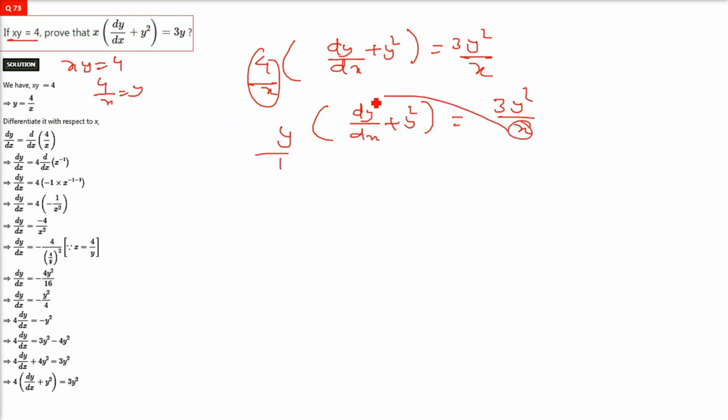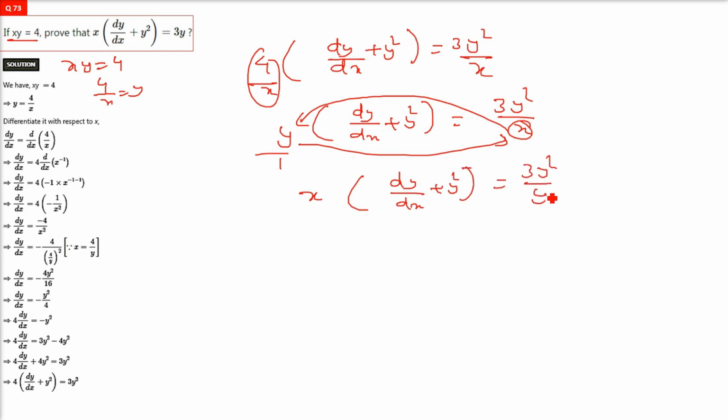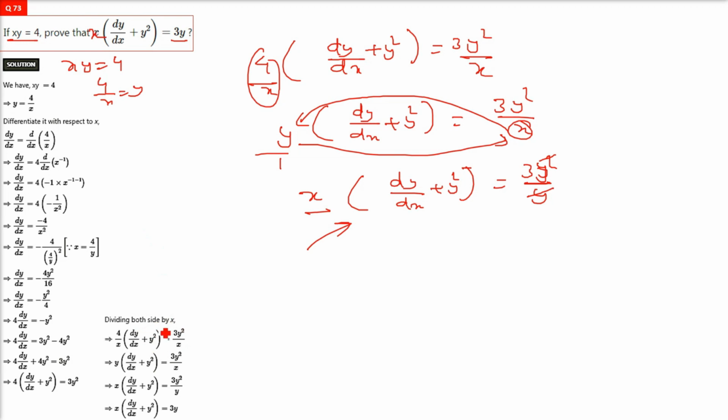In place of x on the right, you can take it to the left hand side, and y to the right hand side in the denominator. So x dy by dx plus y squared is equal to 3y squared by y. The y gets cancelled. So x into dy by dx plus y squared is equal to 3y. Final answer. This is the final answer.